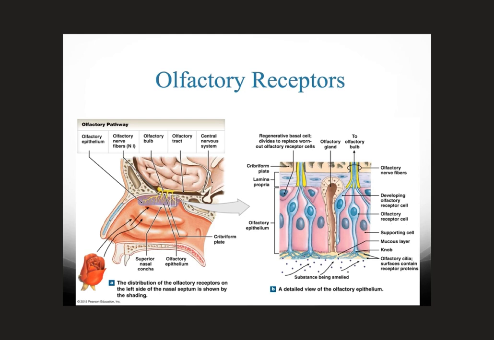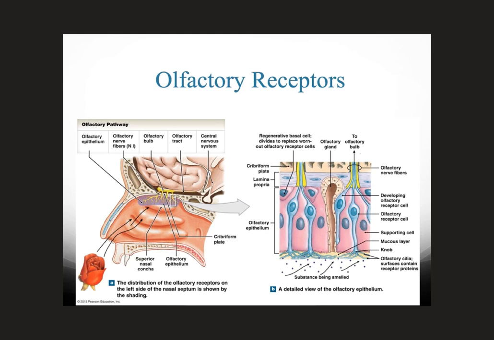Then from the cilia and the olfactory receptor, we go to your olfactory nerve. From your olfactory nerve, you go to your olfactory bulb, which is this enlarged area right over here. So these are the main components that detect the smell.